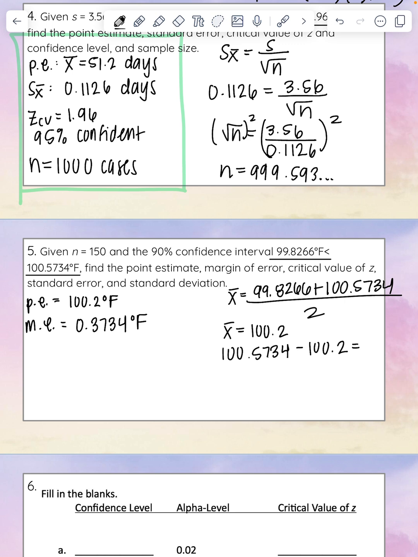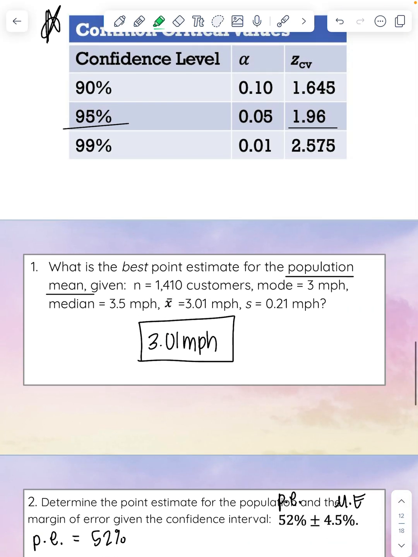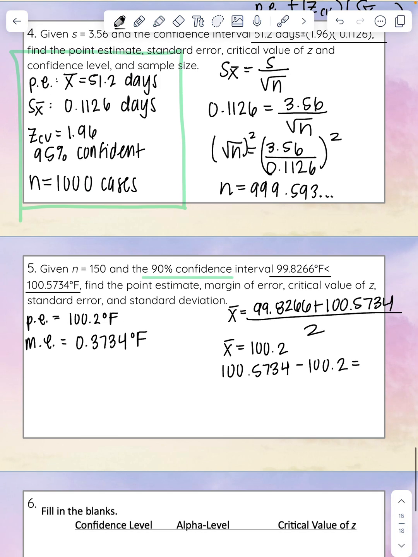Okay, critical value of Z. They gave you the confidence level, so I'm going to refer back to my chart with a 90% confidence level. My critical value for Z is 1.645. Not that, that's 95. Sorry, 1.645.